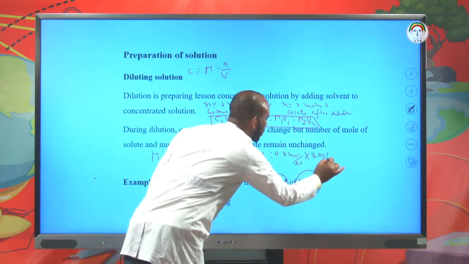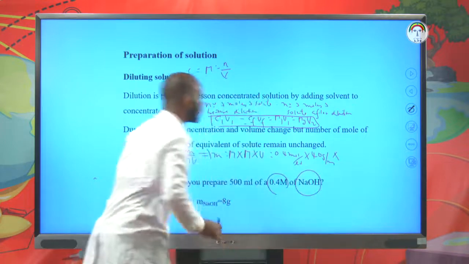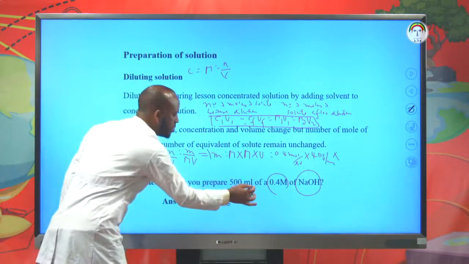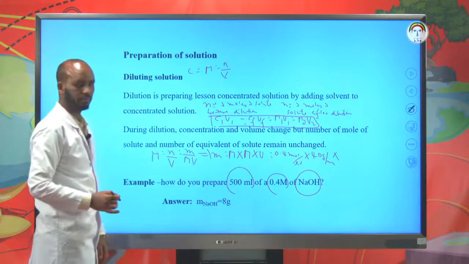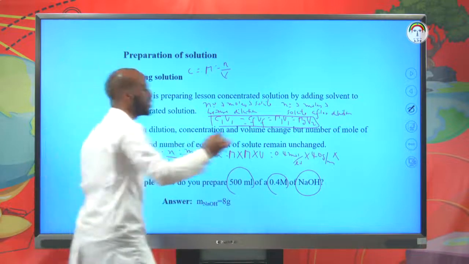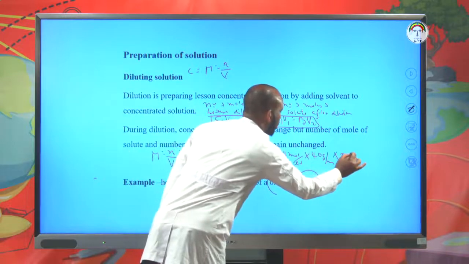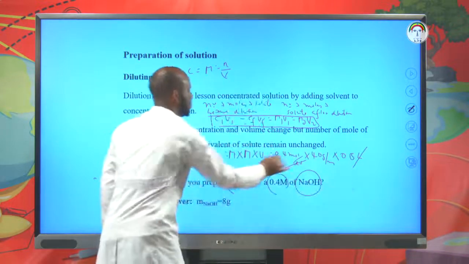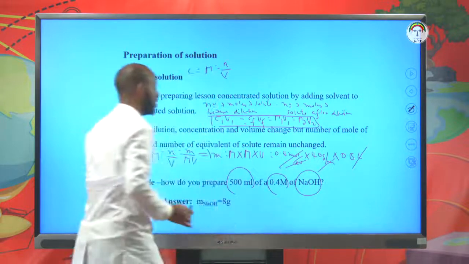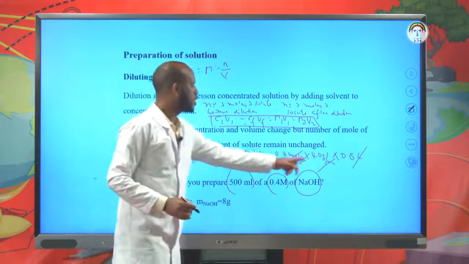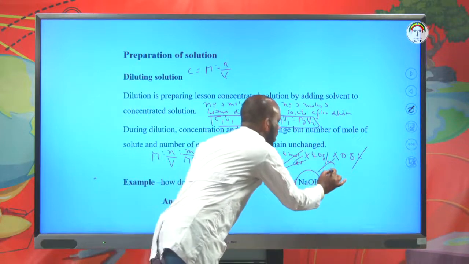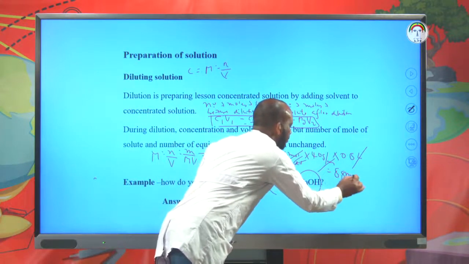Times volume of the solution, 500 milliliter, in liter is 0.5 liter. Liter will be cancelled by liter, mole by mole. Therefore, 0.4 times 40 times 0.5 is 8 gram.